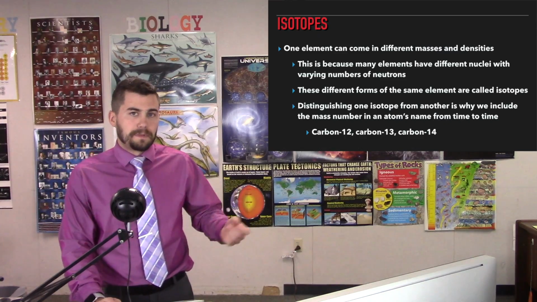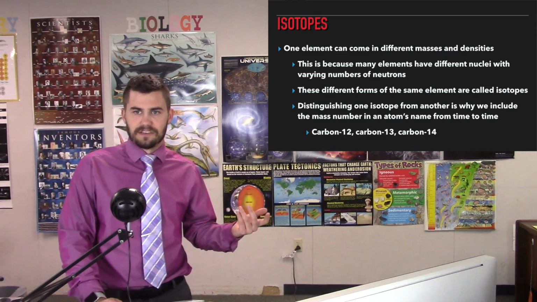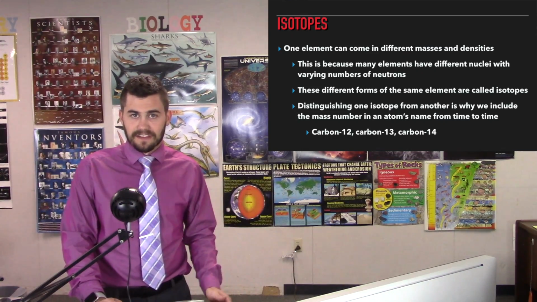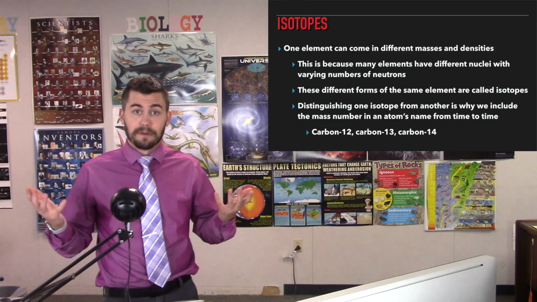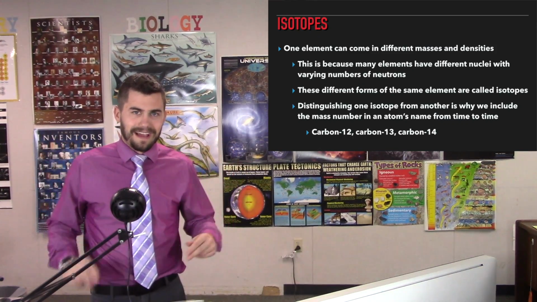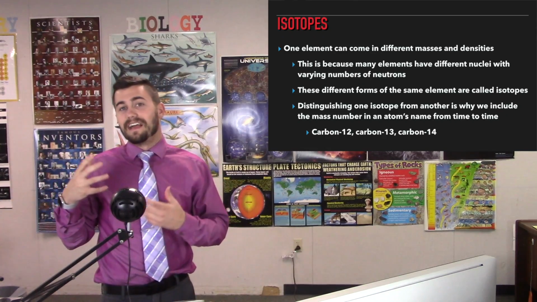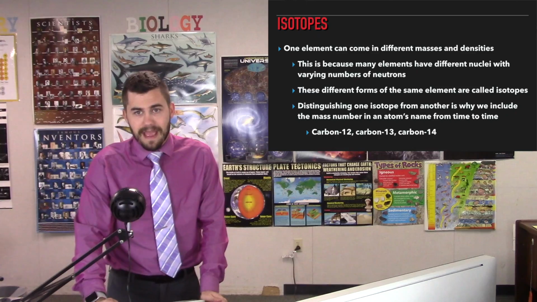So we have to be specific on this when adding things up and when trying to account for mass, and we will have practice with that in this class. An upcoming lab that we will do will be making our own isotopes out of pennies, and we're going to be calculating the average atomic mass.